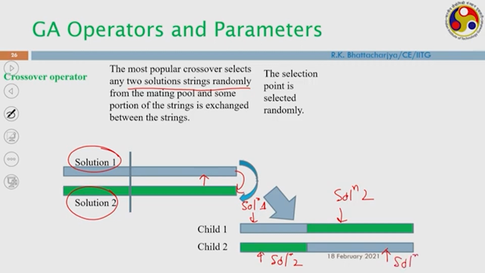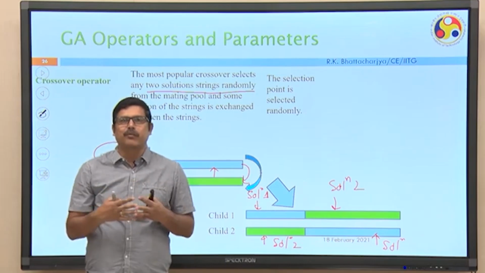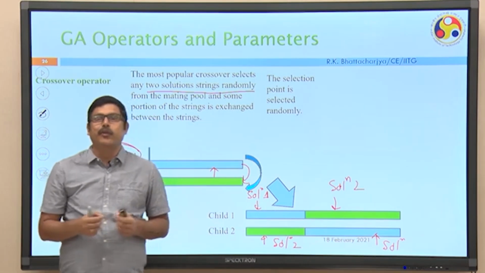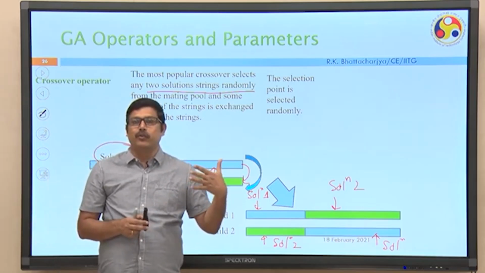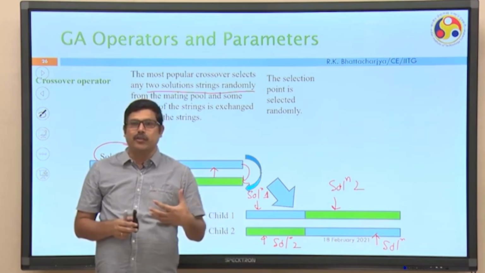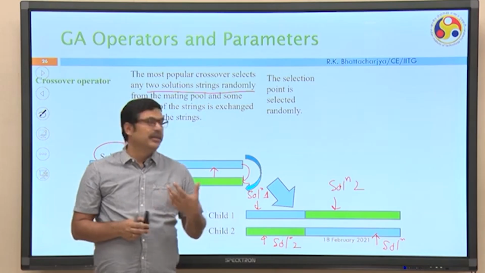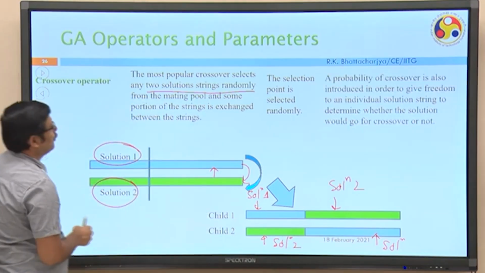Okay. I can write a code to implement that. So, we are exchanging the gene information. Part of the chromosome is exchanged in this process, and you get two new solutions, child 1 and child 2.